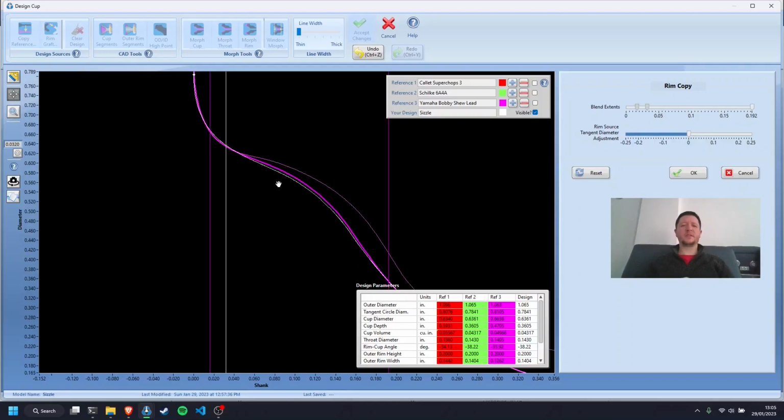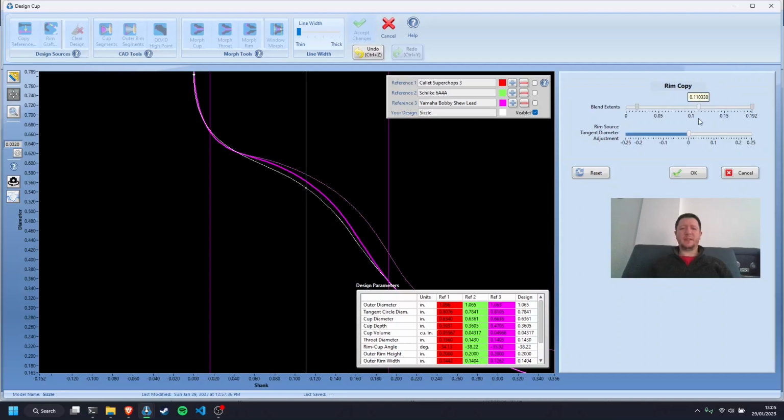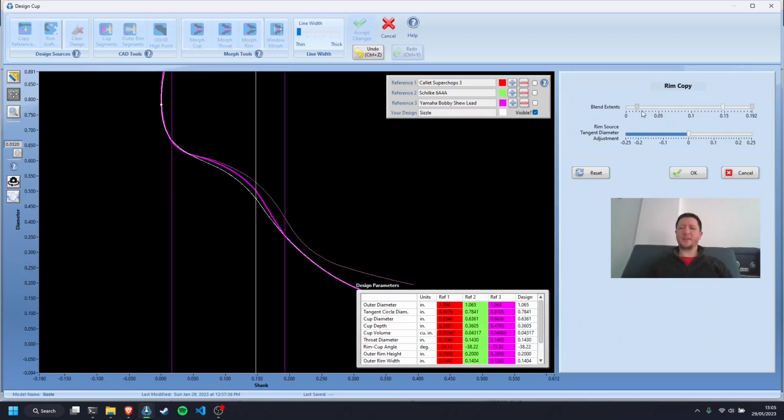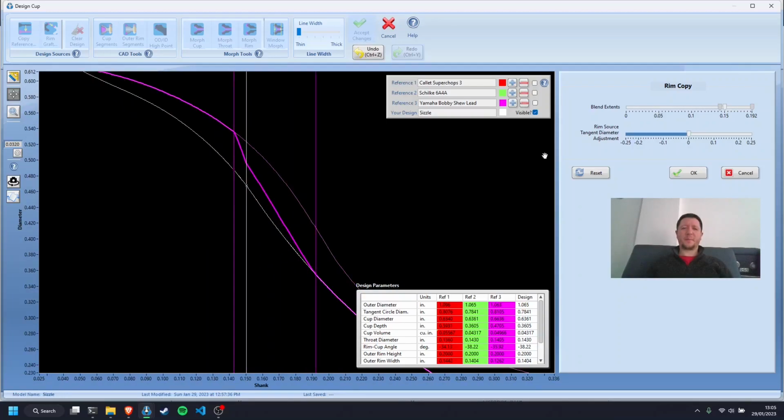Now the reason we might want to do that is we want to maintain the feel of that cup deeper into the mouthpiece, but obviously as we're doing this we're also changing the volume of the cup slightly, and if we mess around too much, we're going to end up with something that's got a dodgy angle in the middle like that.